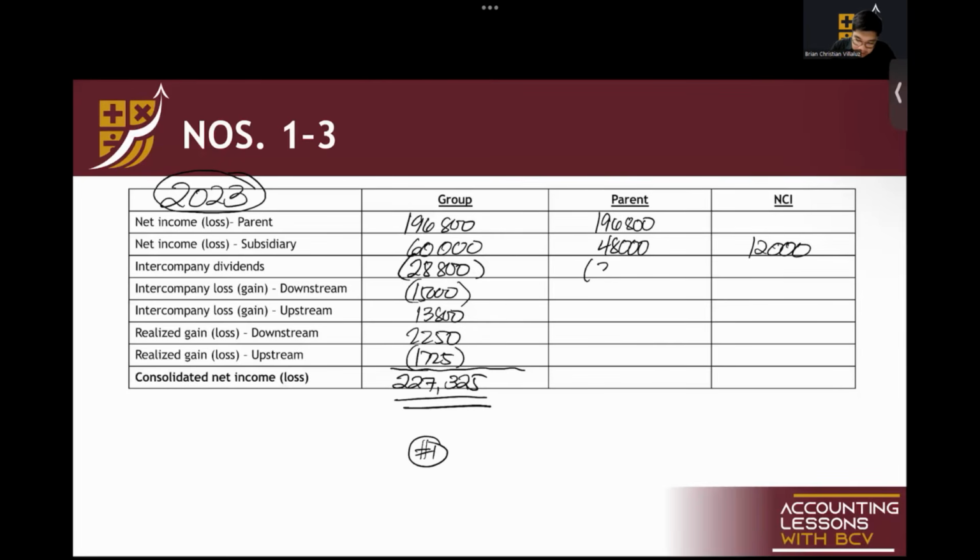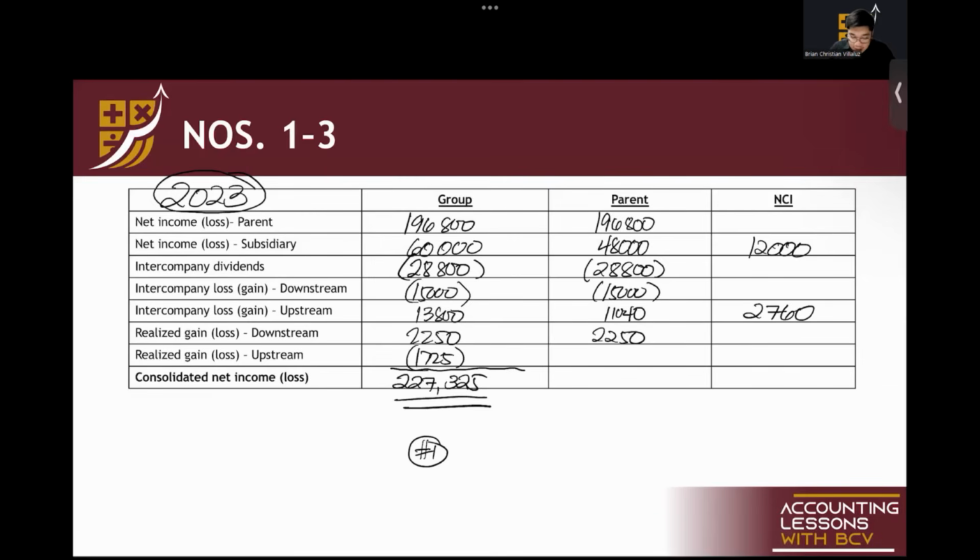Intercompany dividends, i-eliminate lang natin yan against parent's share of consolidated net income. Okay? Pag downstream, apektado lang dyan ay yung kay parent. So, lahat ng downstream, si parent lang apektado niyan, no? Then, lahat ng upstream, apektado both parent and non-controlling interest. So, 80% of 13,800 kay parent yan, and 20% will be for the subsidiary.